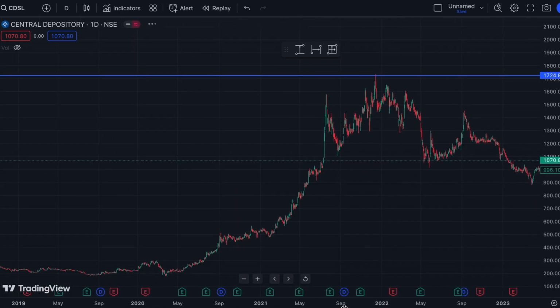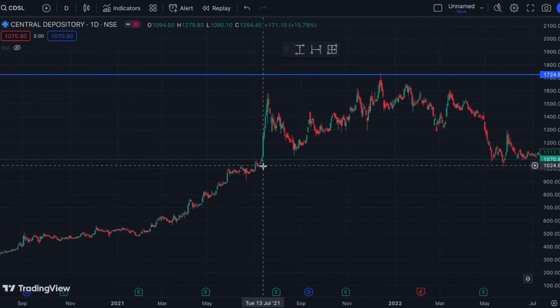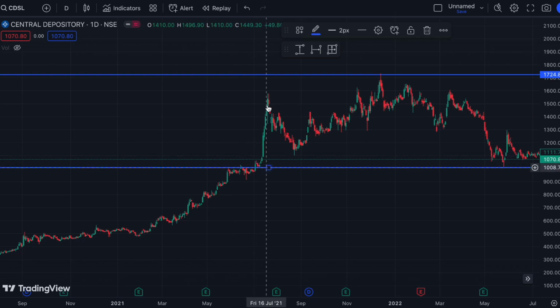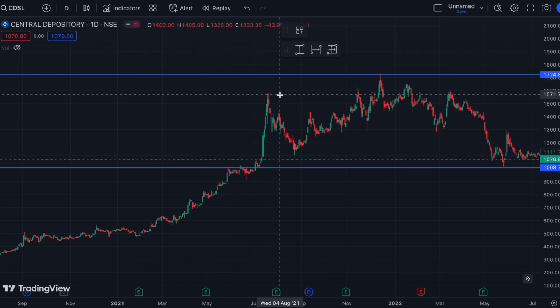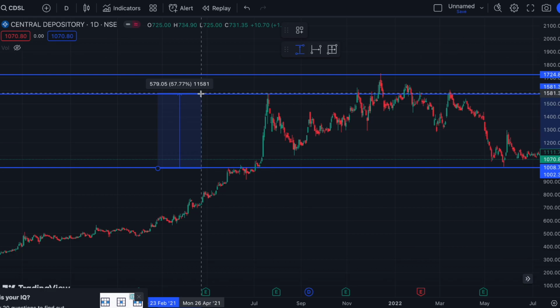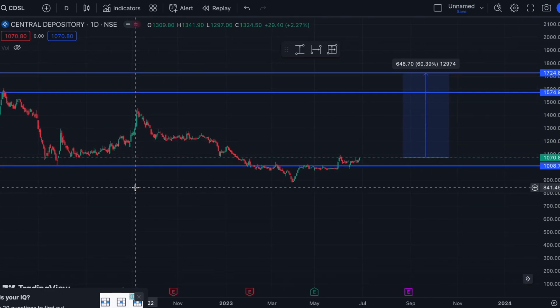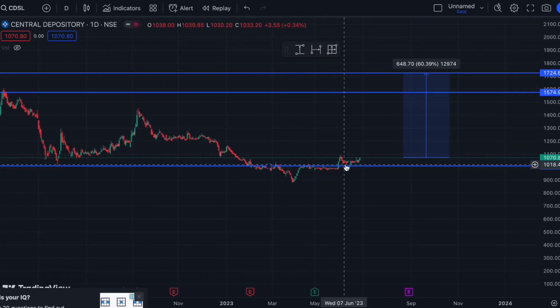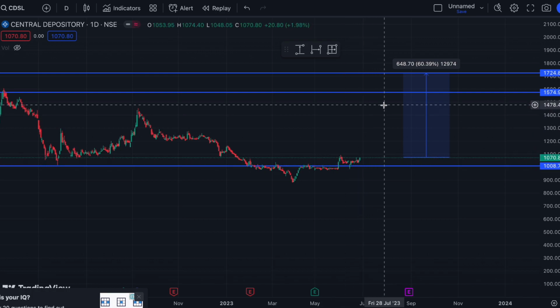And there is another strategy. See here, from somewhere here to somewhere here, it gave about 57% profit. I bought somewhere here, and it looked nice. It hit this level and started to grow again.